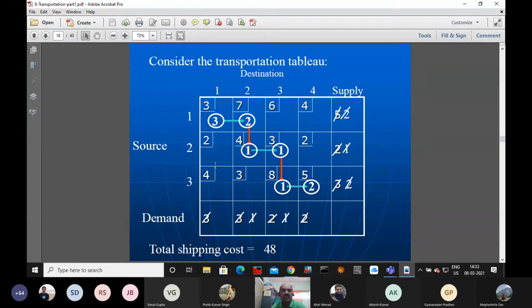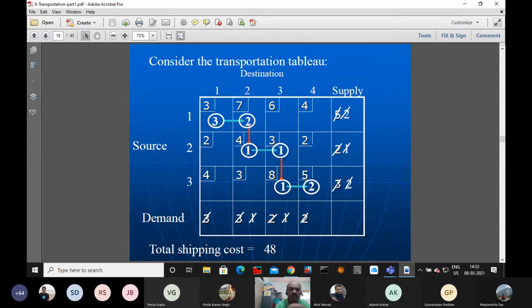Similarly, in the second row the cost coefficients are 2, 4, 3, and 2, and the 2 is the supply at source 2. For the third row, the cost coefficients are 4, 3, 8, and 5, and the 3 on the right is the supply at source 3.